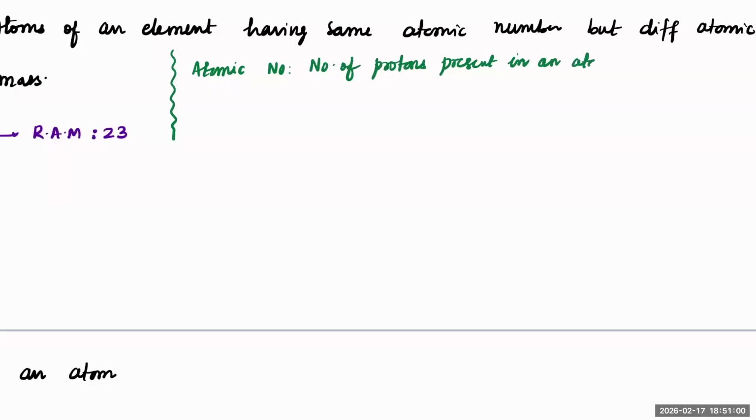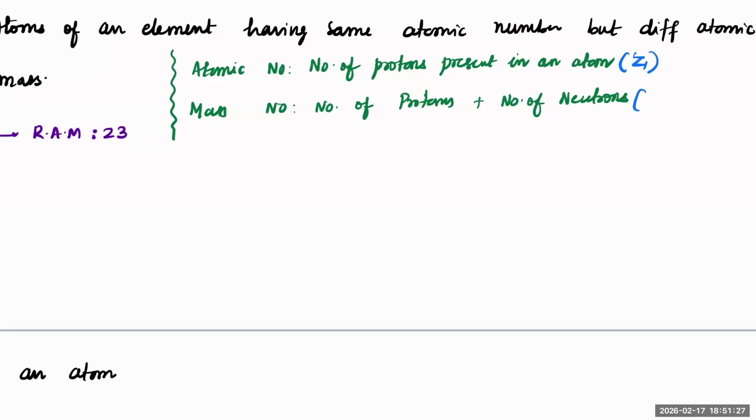Similarly, mass number is the number of protons plus the number of neutrons. Typically, atomic number is represented by Z and mass number is represented by A.